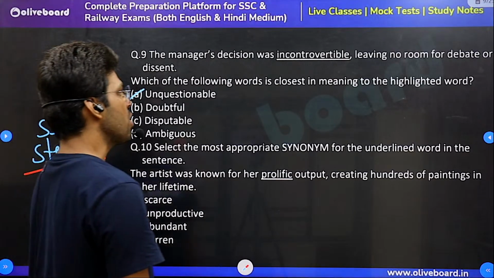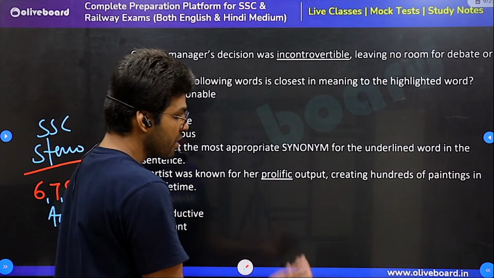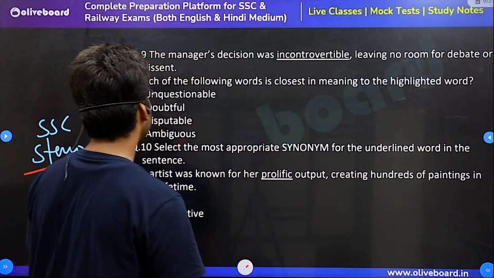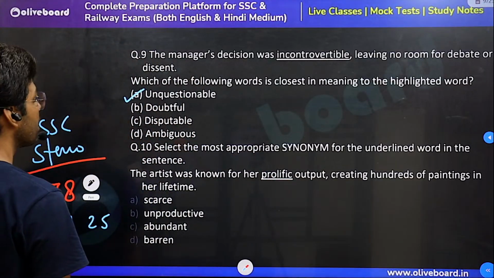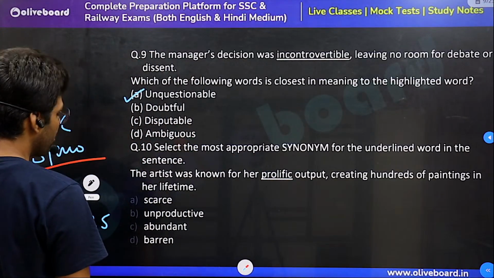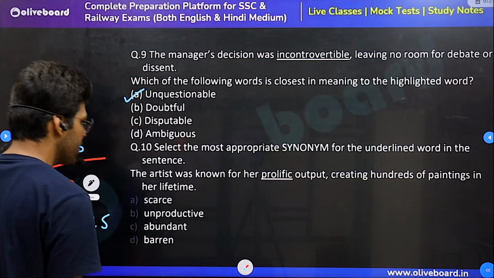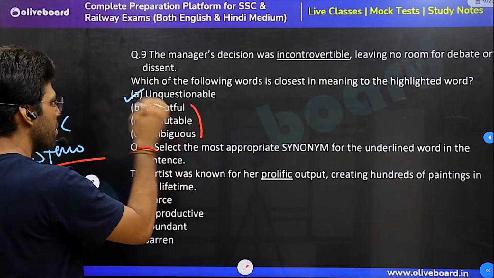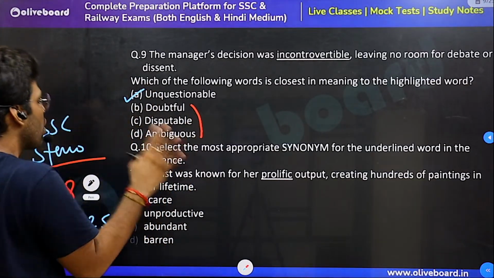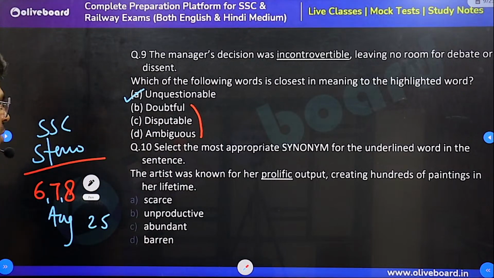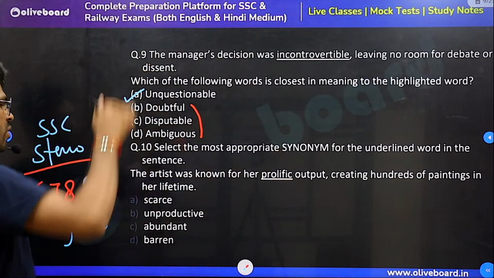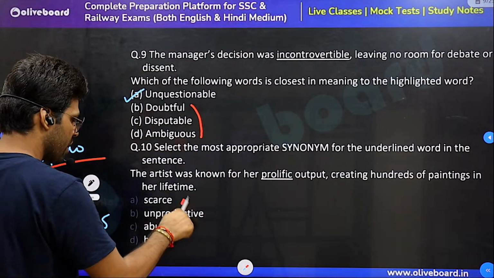Okay, incontrovertible, no controversy possible. So clear, I think. Doubtful will be controversial. Disputable will be controversial. Ambiguous, all the same. Unquestionable, no controversy possible. Incontrovertible. Prolific, huge amount of. Scarce, opposite.